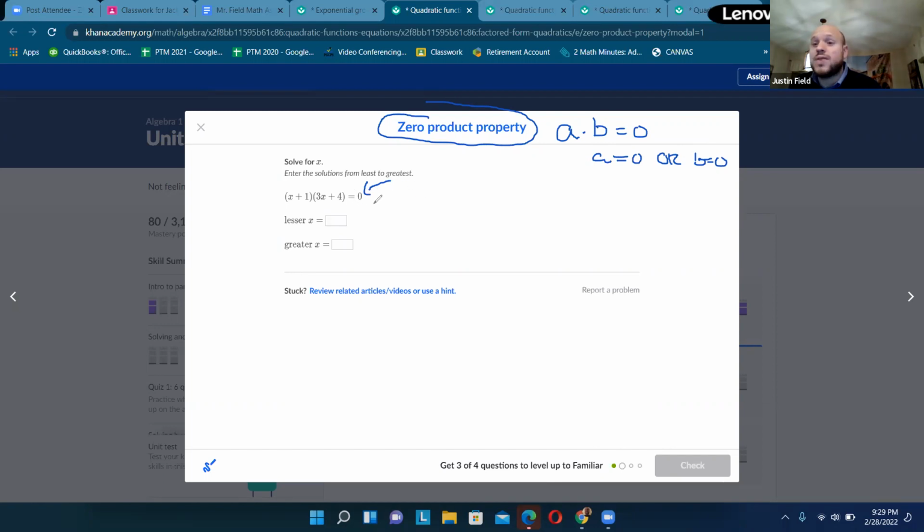What is the value of x that makes this equation multiply to 0? Well, it's got to be the x value that either makes this one 0 or the x value that makes this one 0, because we know one of those factors is 0 because it multiplies to 0.